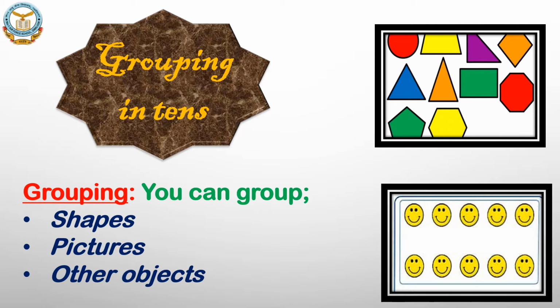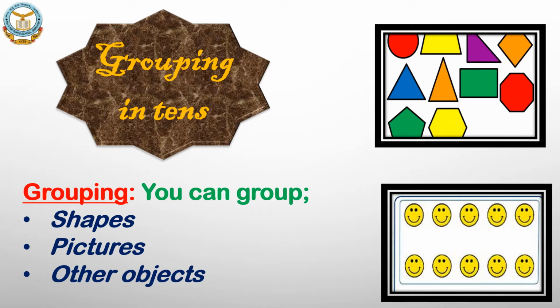For example, when you see picture 1, in this picture, different shapes are arranged in a group. And when you count these shapes, they are numbered as 10. So this is a group of different shapes in 10. Now we'll move to the second picture.